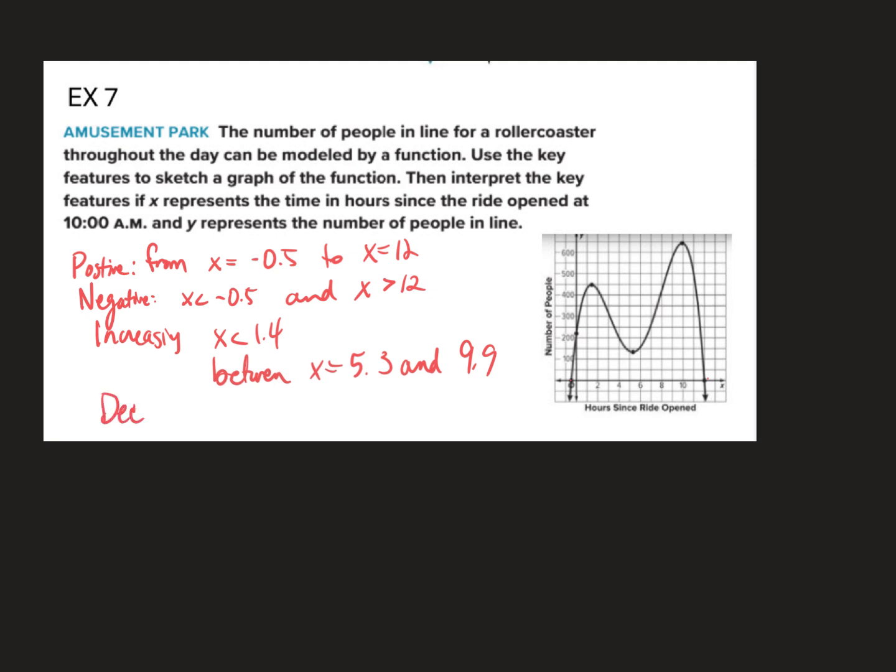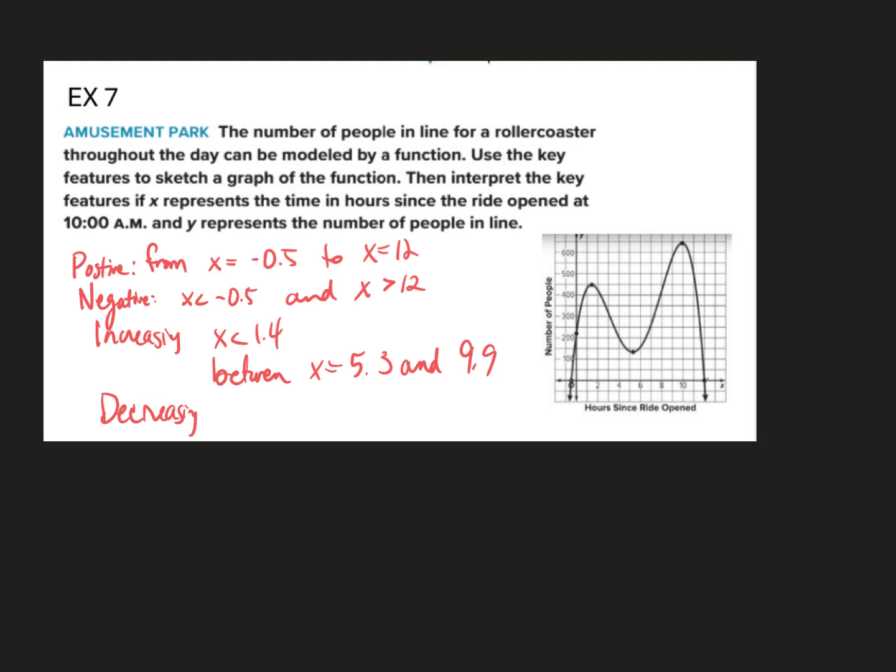And let's talk about where it's decreasing. So it looks like increasing, it's decreasing here, increasing, decreasing here. So it's decreasing between these two values.